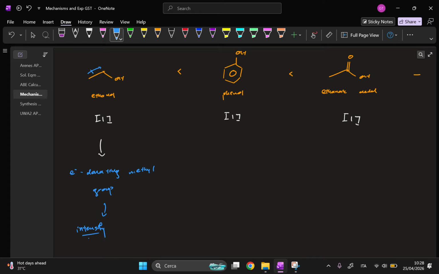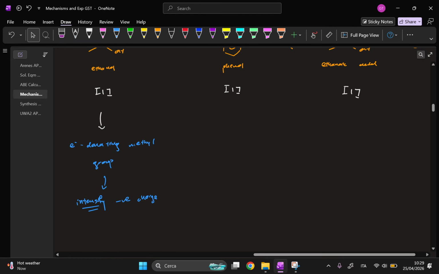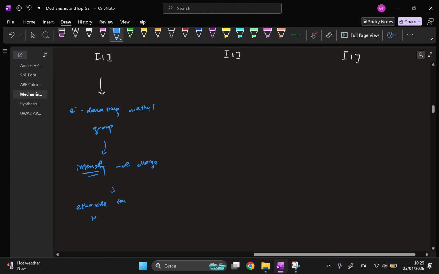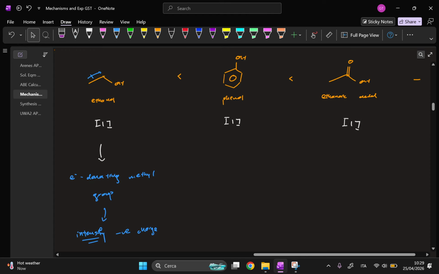In this case, you need to say that it intensifies the negative charge on the O atom in the ethoxide ion. So therefore, the ethoxide ion, which is the conjugate base, is going to be less stable. And therefore, that is why ethanol is the weakest acid.